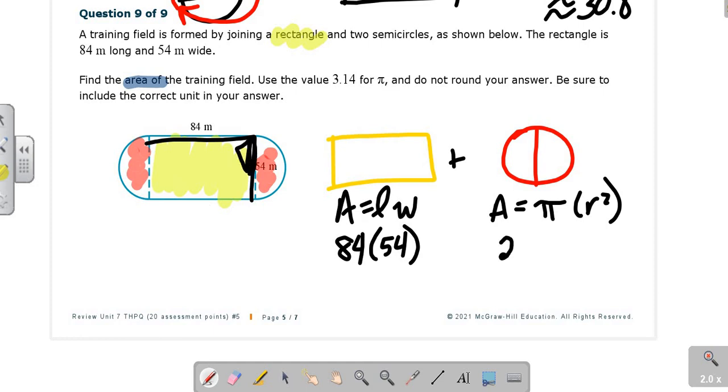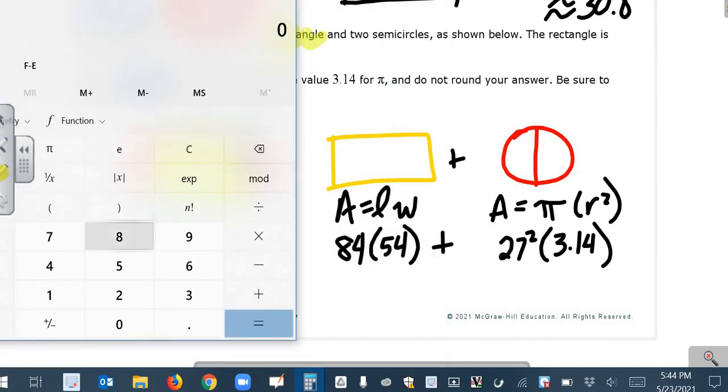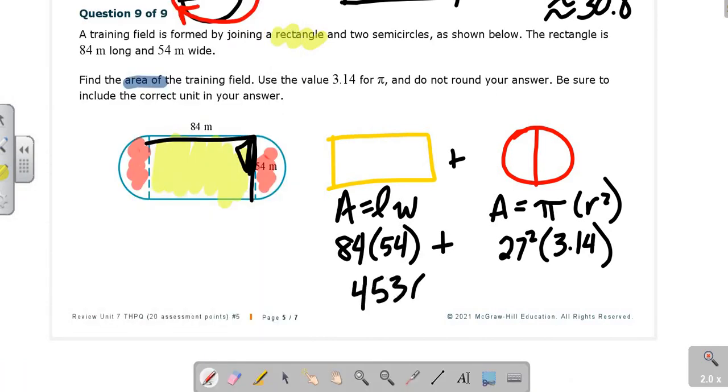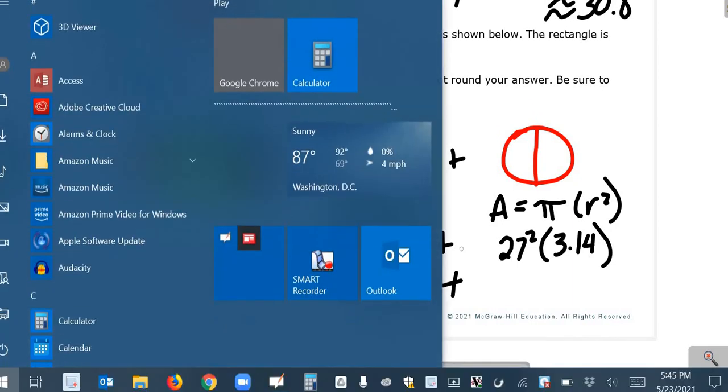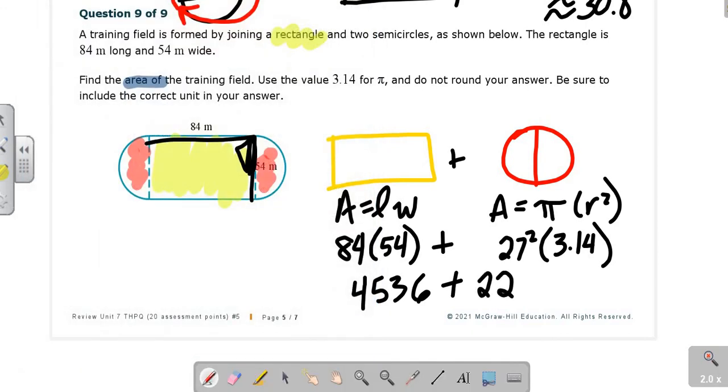So that's going to be 27 squared times 3.14. 4536 plus 2289.06.